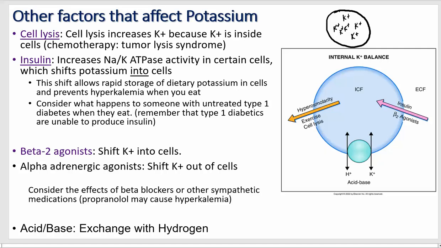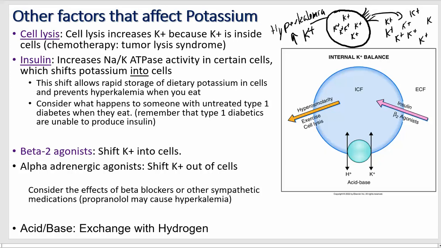If something happens to break the cell, then that potassium goes outside the cell. And if this happens in high numbers, a lot of cells are broken down, then we end up with hyperkalemia, which is increased potassium in the blood, emia, blood.